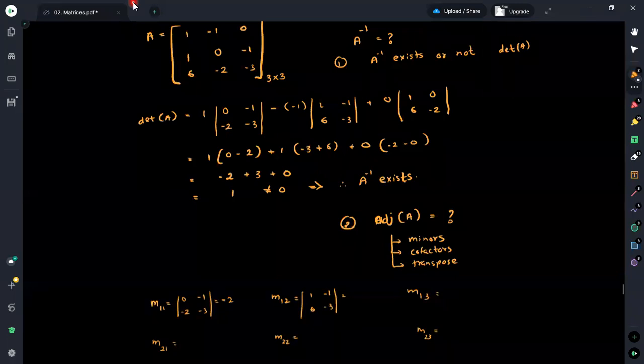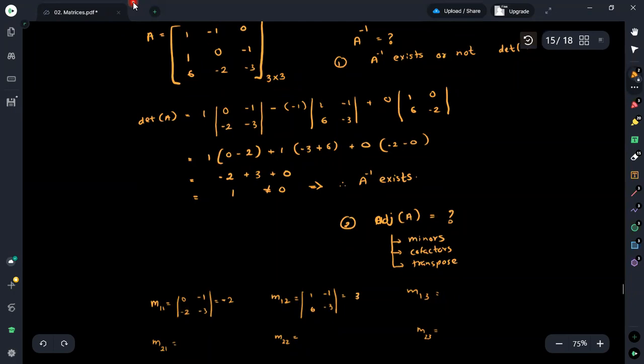It is -3 plus 6, which gives the value as +3. Then for M13, it is first row, third column. Then if you write down the values, you will get 1, 0, 6, and -2. Therefore, you will get this value as 1 into -2, it is -2, minus 0, which gives the value as -2.